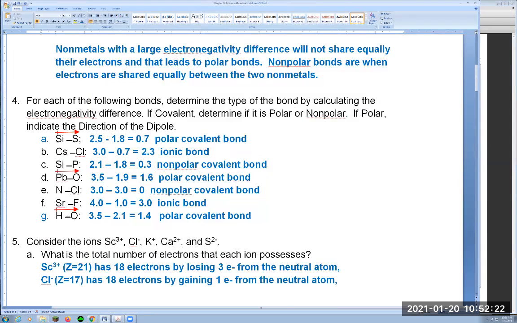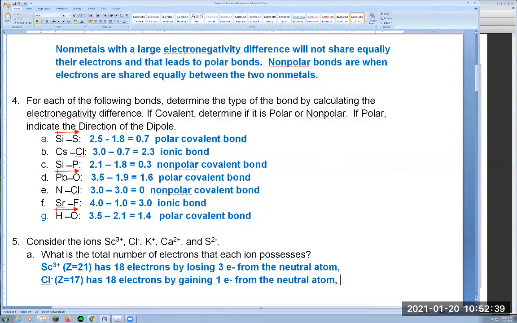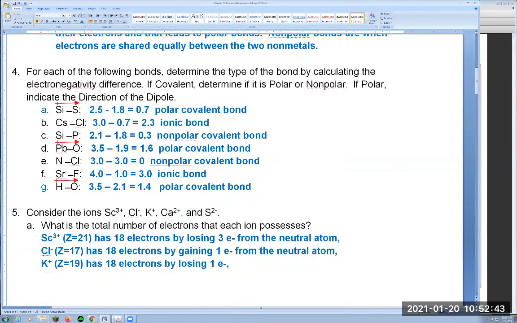After that, we have potassium. Potassium, atomic number 19. It likes to lose 1 electron to be like argon. So from 19, you lose an electron, and that's going to be 18 as well. So potassium has also 18 electrons by losing 1 electron.